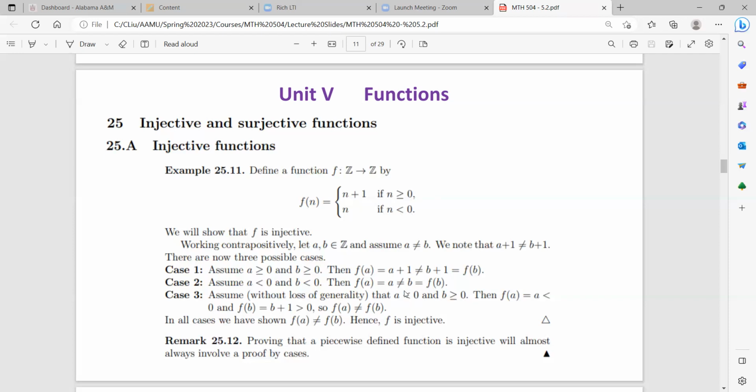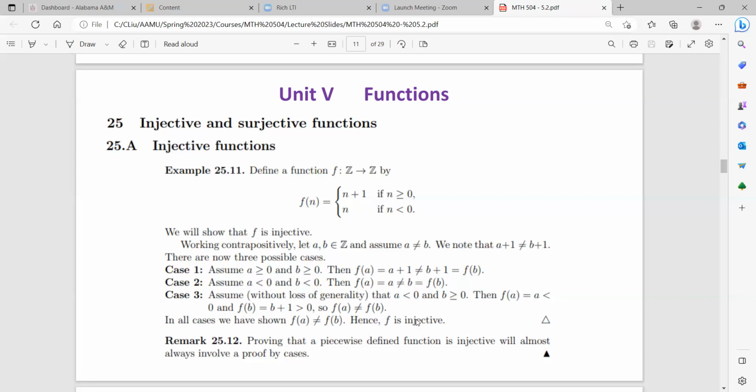Because A is negative, f of A will be equal to A, right? And because B is non-negative, B is not negative, so then we're going to use the top formula. So f of B equals B plus 1. And we want to show that A is not equal to B plus 1.